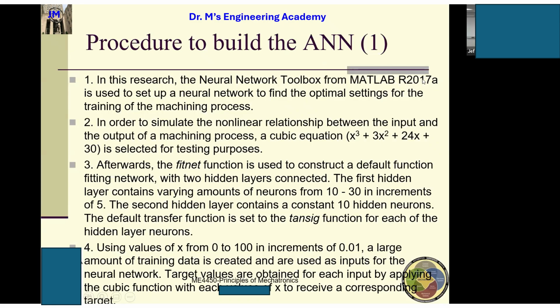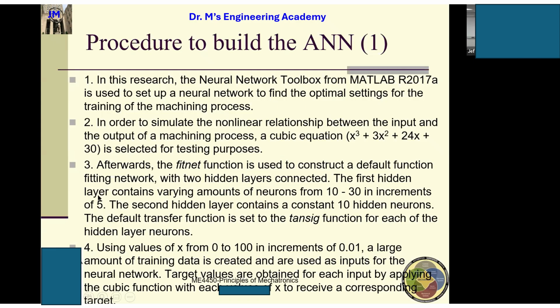For this, I use 2017 as an example to set up a neural network to find the optimal settings for the training of the machining process. In order to simulate the nonlinear relationship between the input and output of the machining process, we use this cubic equation to mimic it for testing purposes, because we do not have the sensor to get the real depth of cut. Afterwards, the function is used to construct a default function fitting network with two hidden layers connected.